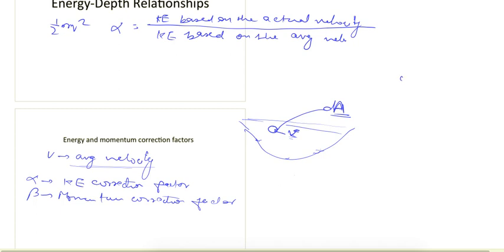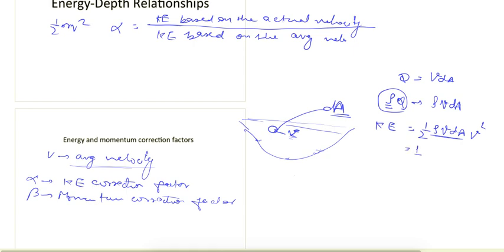The flow through this elemental area will be v into dA, and the mass per unit time will be rho Q, which is rho v dA, where rho is the density of the fluid. For the elemental area, the kinetic energy will be half, the mass per second, rho v dA, into v square.